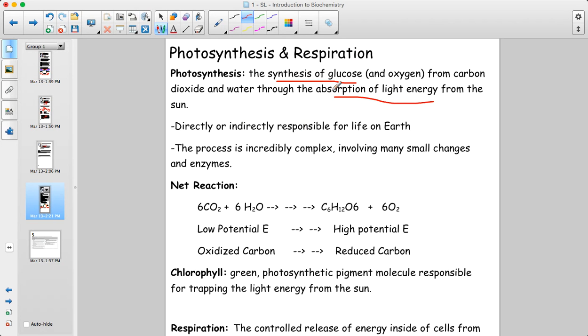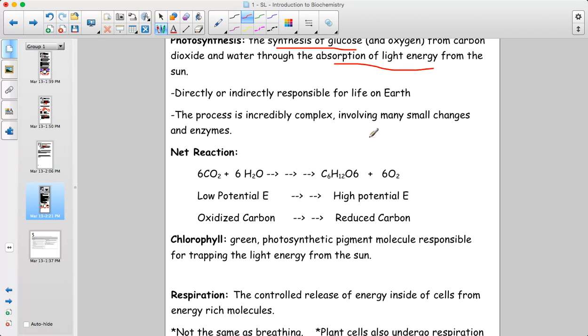This process of photosynthesis is really directly or indirectly responsible for all life on Earth. It's incredibly complex, and so all we are going to look at is the net change. And the net change is that 6 carbon dioxides and 6 waters, through many enzyme-controlled steps, will produce a glucose molecule and 6 oxygens.